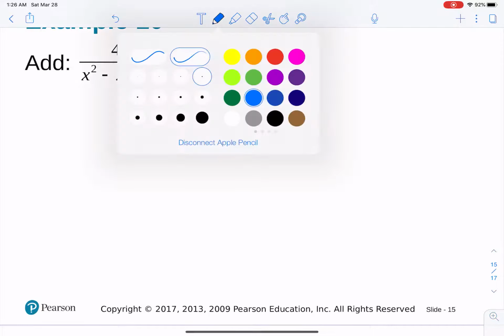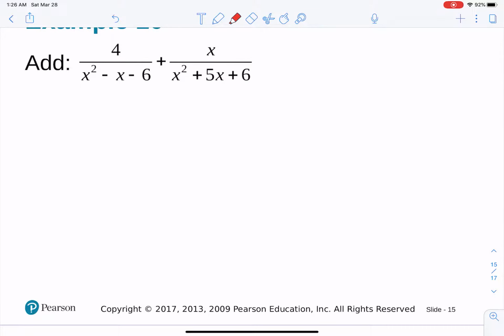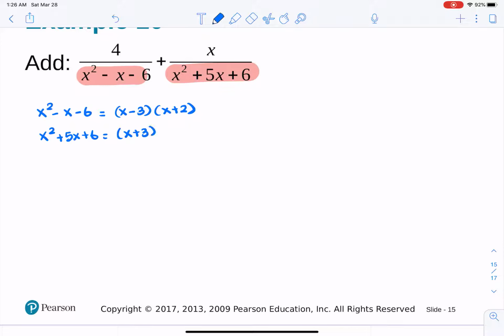This is a lengthy one, so the denominators are not identical. So we could rewrite x squared minus x minus 6 as x minus 3 times x plus 2. In terms of its factors, I could write x squared plus 5x plus 6 as x plus 3 times x plus 2. So the LCD is the common term, which is x plus 2.